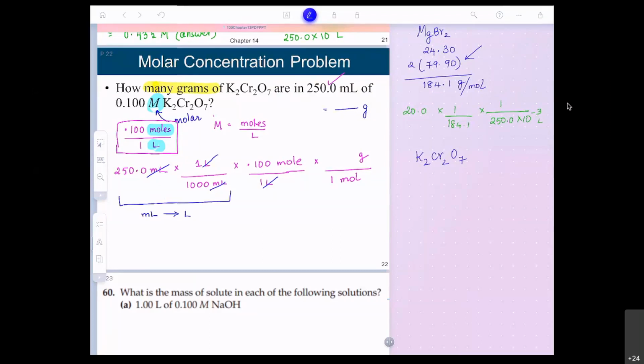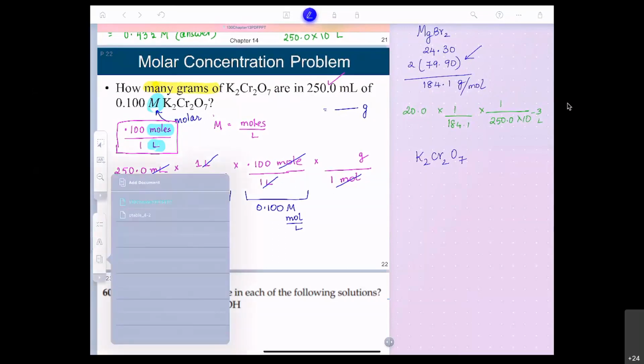Now this one is 0.100 M, which is moles over liter, written with 0.100 mole on the top and the liter on the bottom. Now my goal is to cancel the moles. So 1 mole of potassium dichromate is going to be equal to the molar mass. So I want to calculate the molar mass.